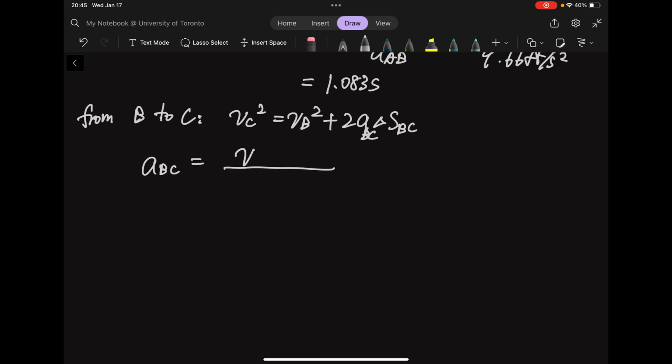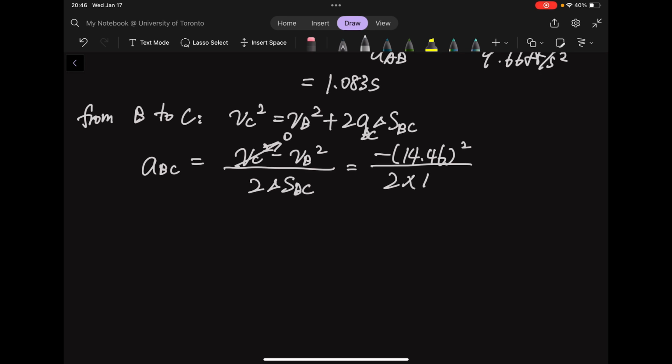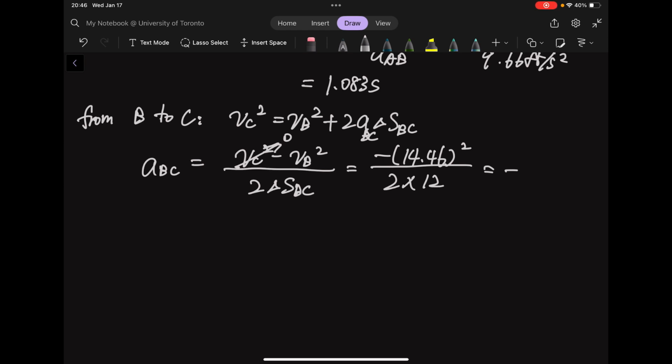We have A equal to Vc squared minus Vb squared divided by 2 delta S BC. Vc is equal to 0. So we have negative 14.46 squared over 2 times 12, which is equal to negative 8.72 feet per second squared.